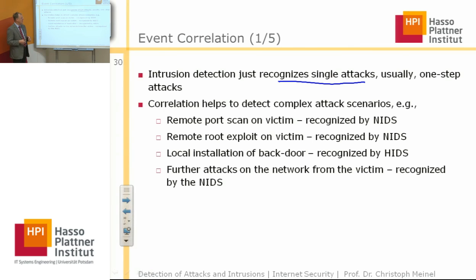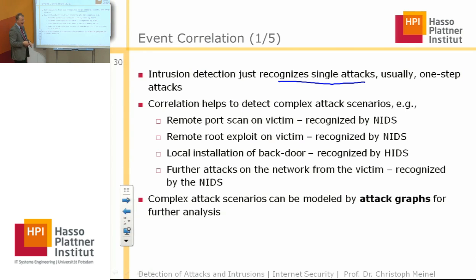Further attacks on the network from the network are sometimes recognized by the single systems, sometimes by the network intrusion detection system. And now it's important to combine this information to analyze whether there is a complex attack scenario which consists of the single steps that may be detected at several points of the system.